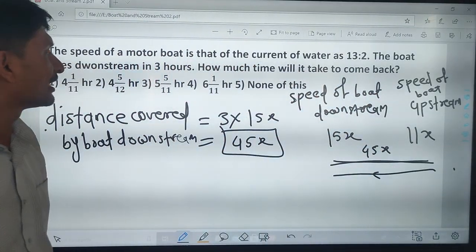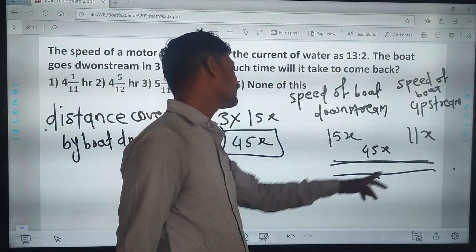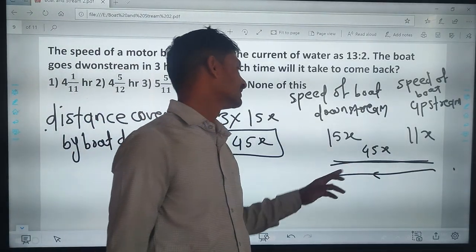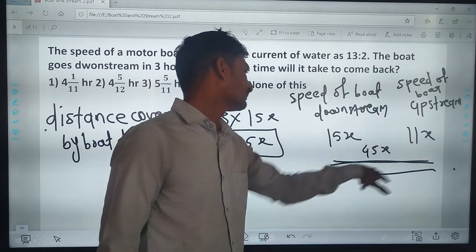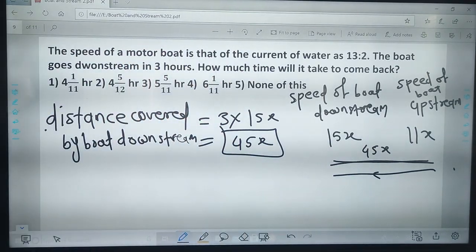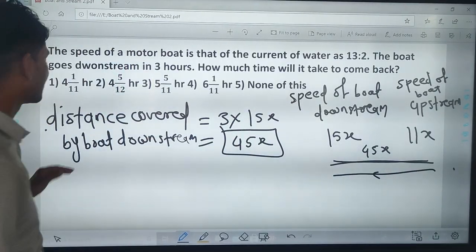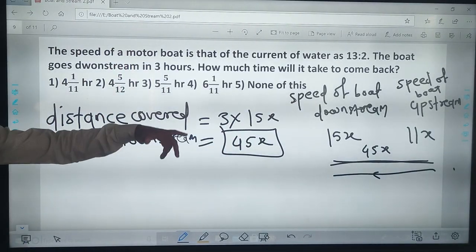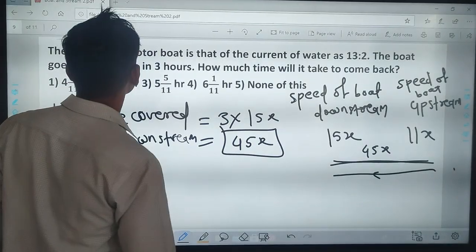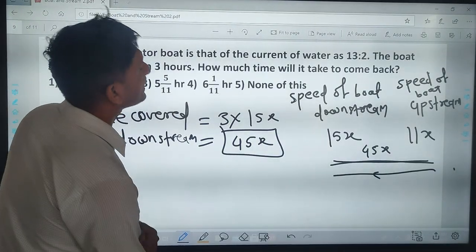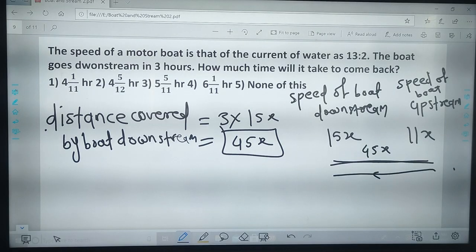Then the distance covered by the boat upstream is 45x. The same distance is covered. The boat goes and comes back, so the upstream distance and downstream distance are the same. Then how much time will it take to come back?